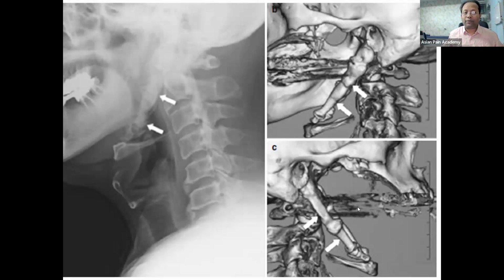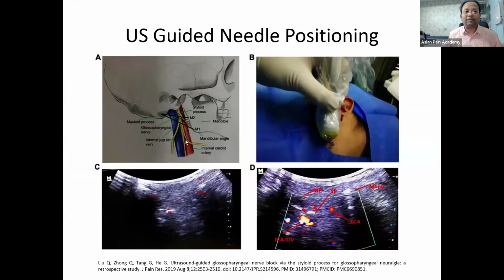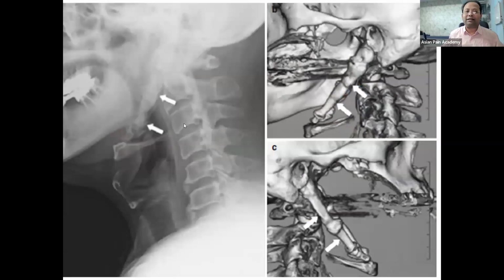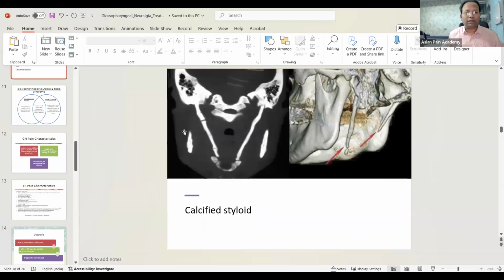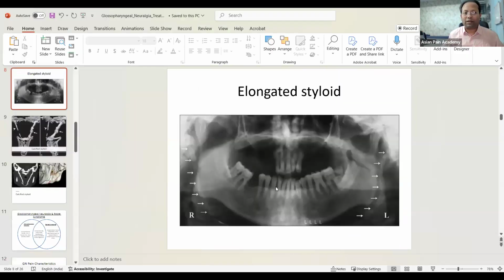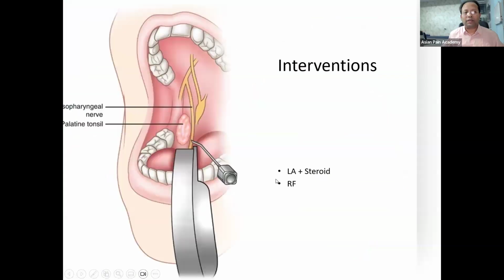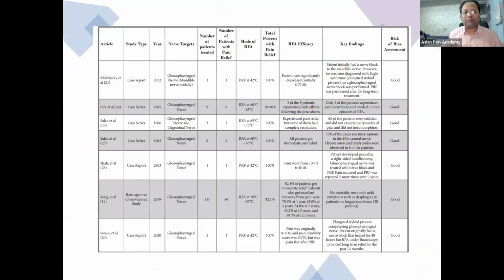So this is ultrasound guided. No, this is X-ray guided positioning. Just a minute. Okay, this is X-ray guided positioning.